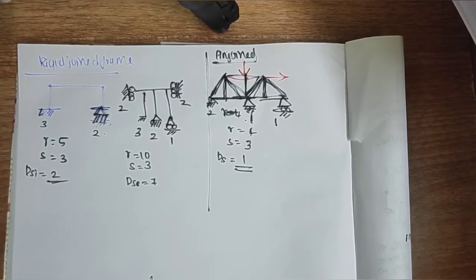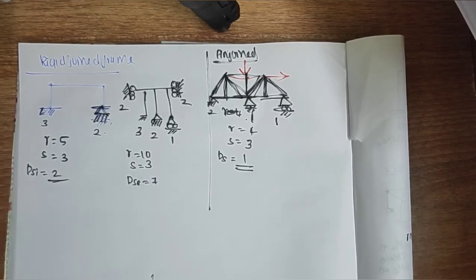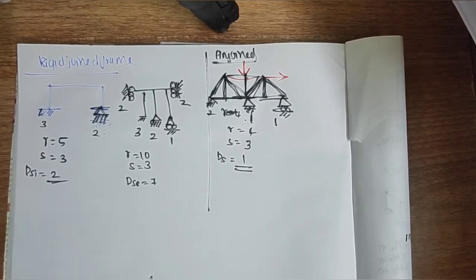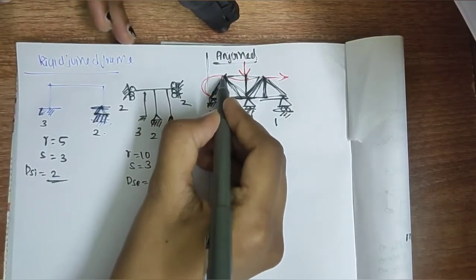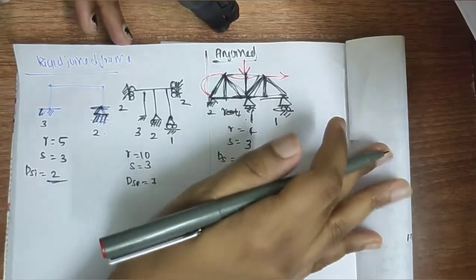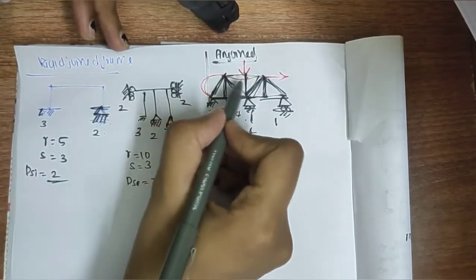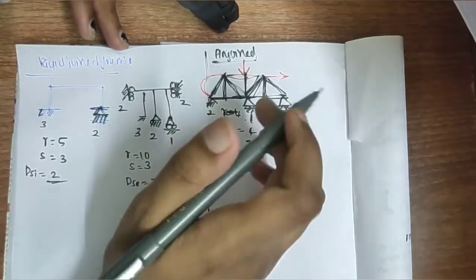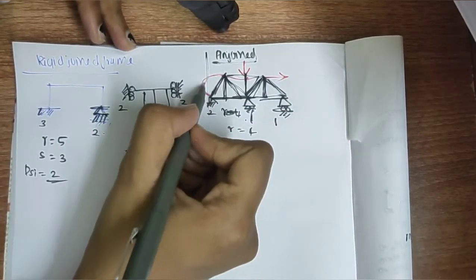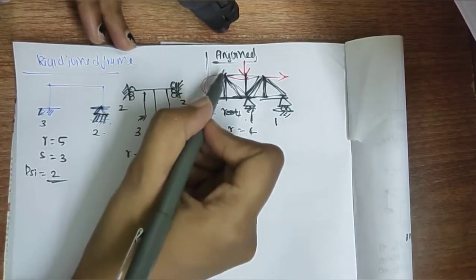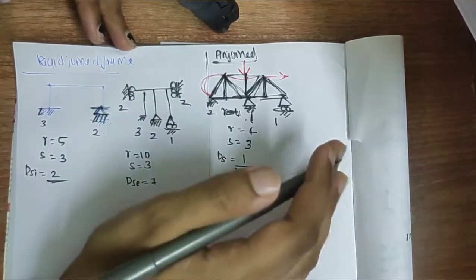If the load acts on the member, it bends. If this member gets curved like this, it is not called stress. If it is bent like this, it's not stress, and if some load is acting, it's not stress. And if it has a curved structure, it's also not stress.